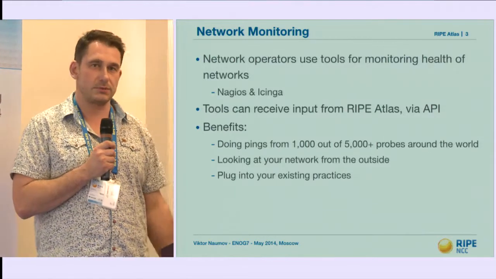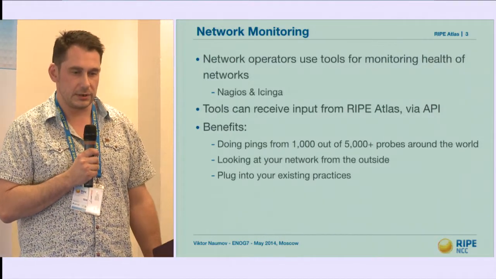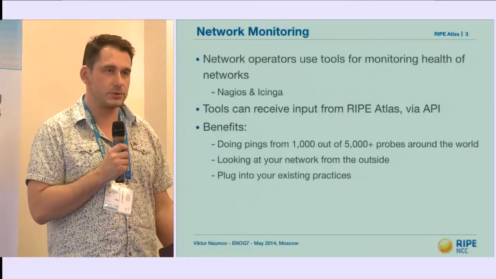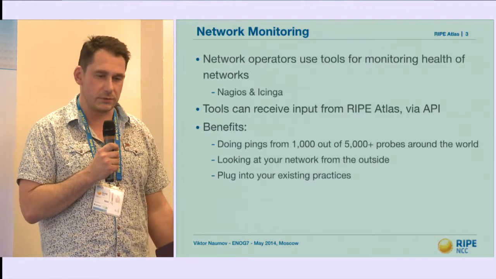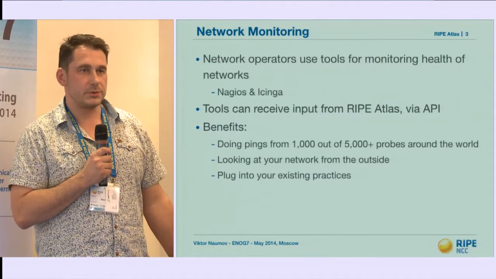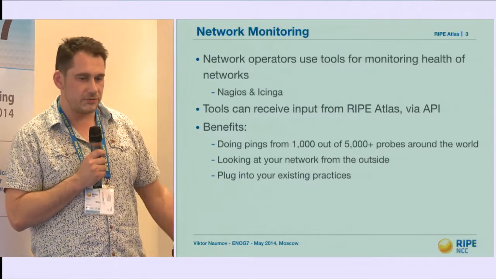A lot of you have heard about Nagios and Icinga. And we know that these tools can also be used together with RIPE Atlas via API, which gives you a chance to use a lot more measurement points than over the use of the routers.